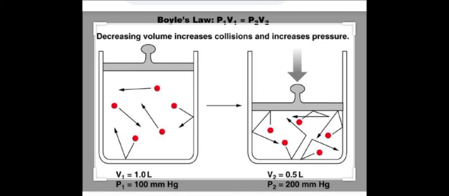Means pressure is increased. So when pressure is increased, volume will be decreased. And first V1 is 1 liter, now V2 is 0.5 liter. Decreasing volume increases collisions and increases pressure.